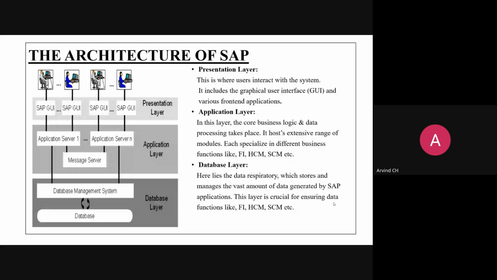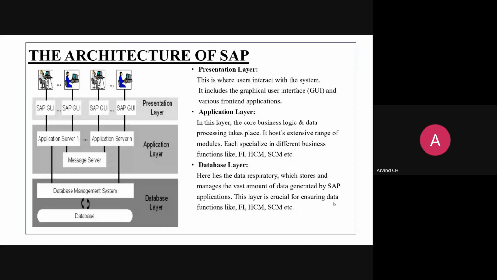Within the application layer, there is some logic, some program, some formula. The formula consists of a piece of code written in logic. That logic will be converted into digital form, and that digital form will be displayed on the monitor.